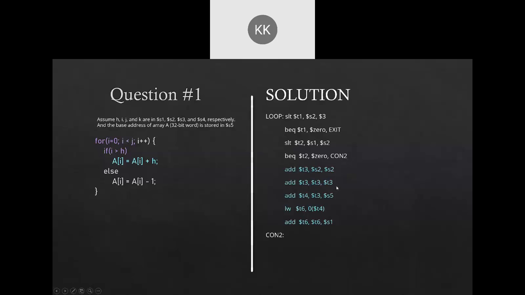The reason that we add to for I is because it's stored in byte and the word is 1 byte or 4 bit. That's why we add it together to for I and load it with the offset of 0 from the load word. We then add it with the h, which is s1. Next part, Napat will be the one who explains.